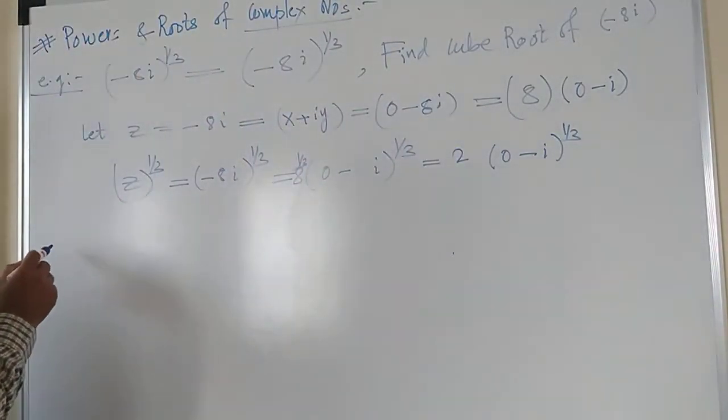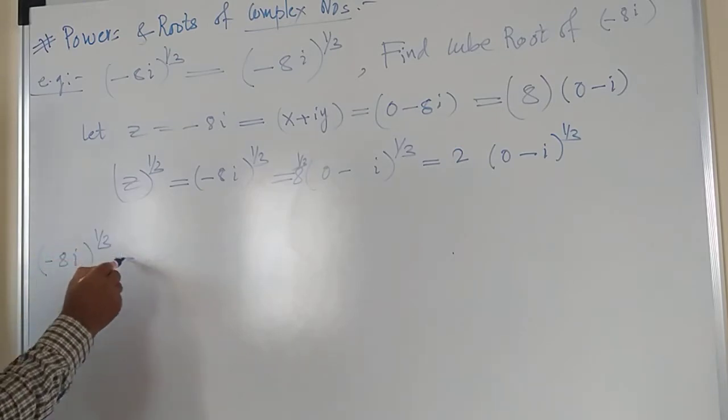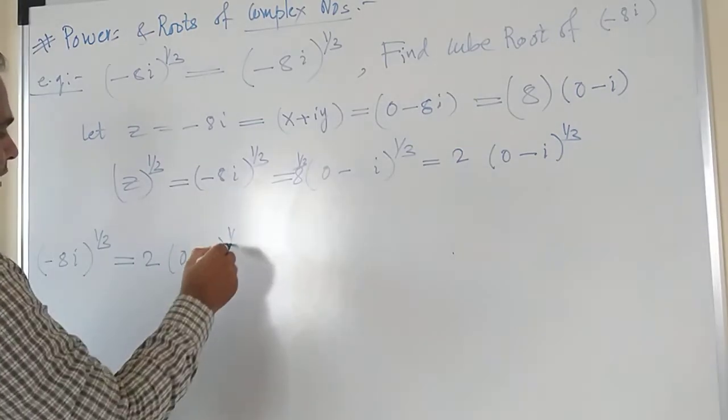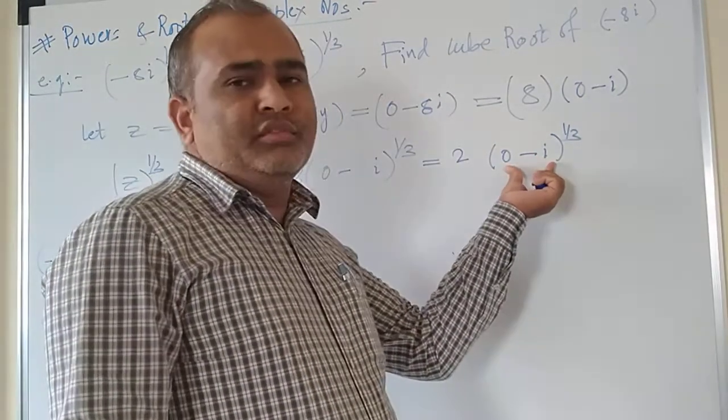Fine. So now minus 8i raised to power 1/3 is equal to 2 into 0 minus i raised to power 1/3. Here we have to simplify this case only.